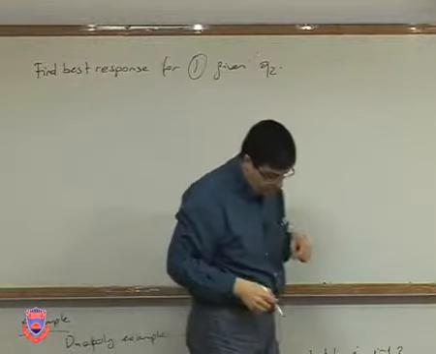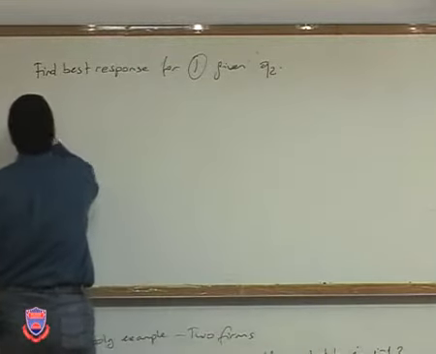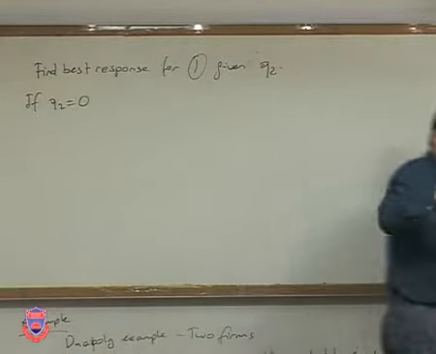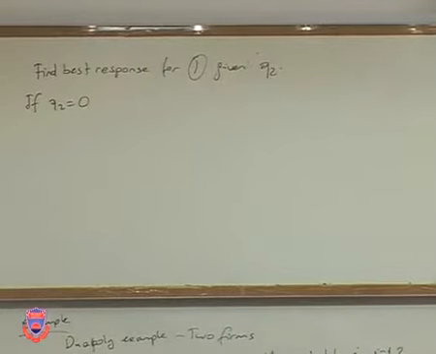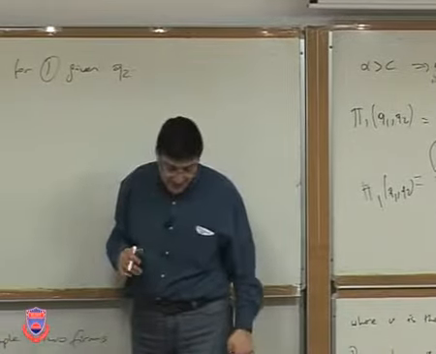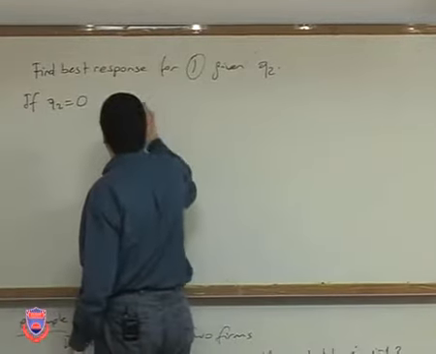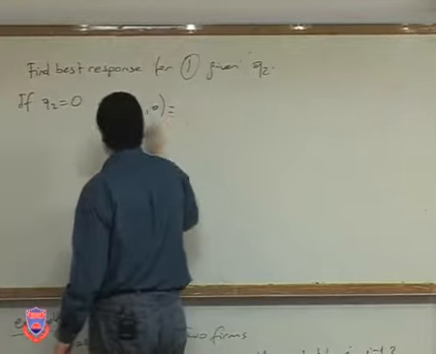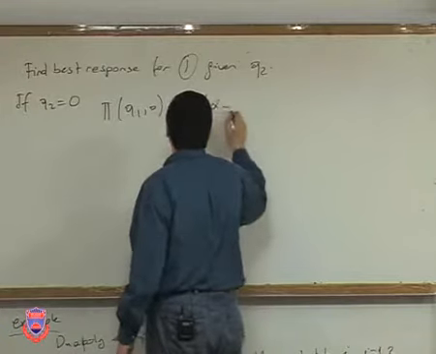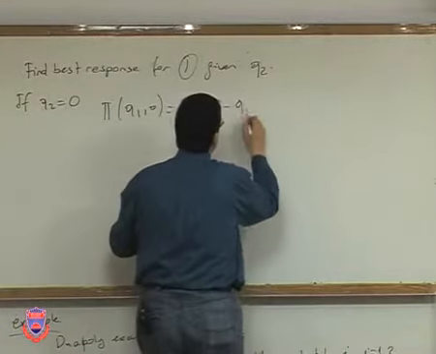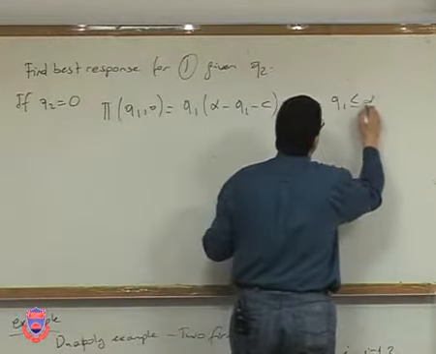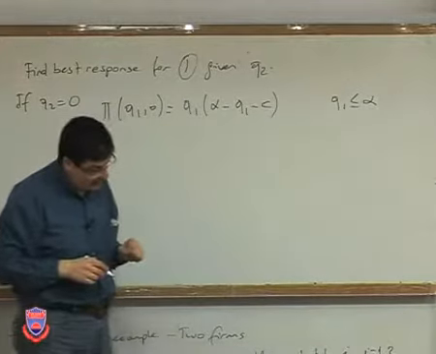Now, what happens if Q2 is equal to 0? That's an extreme case. I wanted to take it separately. If Q2 is equal to 0, then what is the best response that I'm going to have? So I will have pi of Q1, 0, which is going to be equal to Q1 times alpha minus Q1 minus C. And this is true for Q1 less than or equal to alpha.